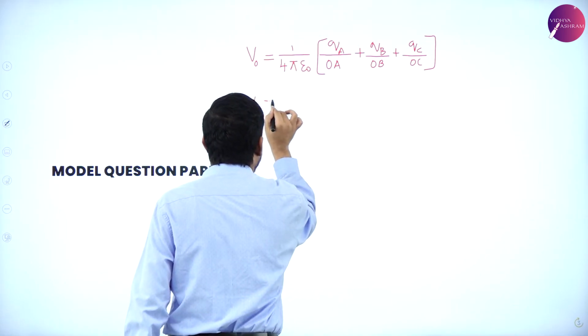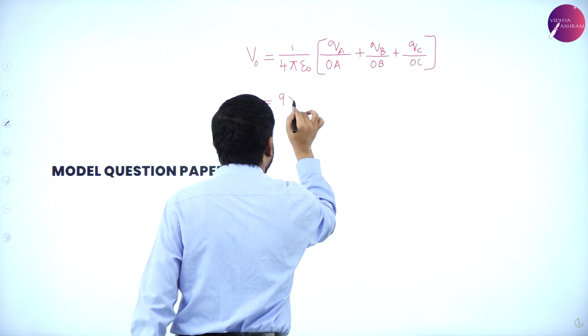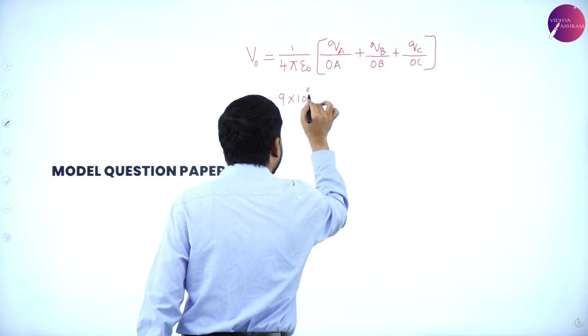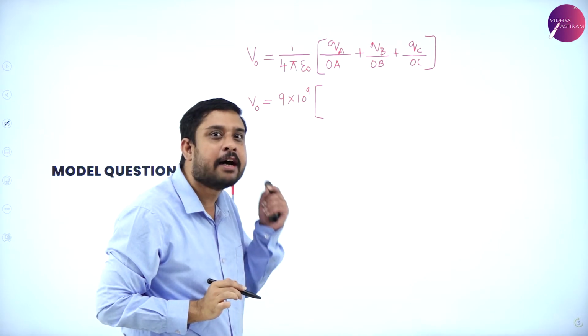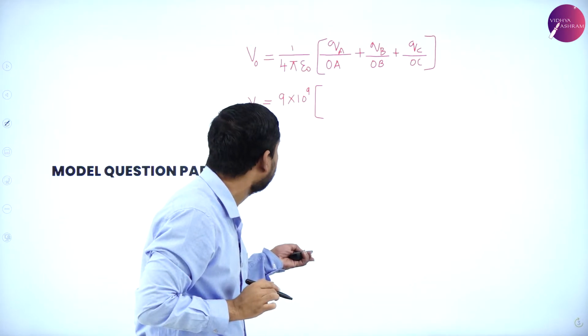So VO equals 9 into 10 power 9. How much is the charge at A?